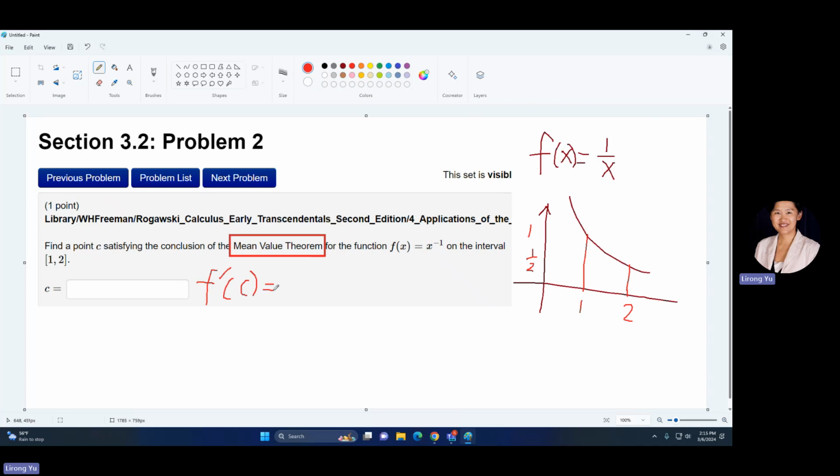C is actually an x value we're solving for, equal to the mean slope. The mean slope is calculated like a slope calculation: f of b minus f of a divided by b minus a. So the c that we are looking for satisfies this equation.